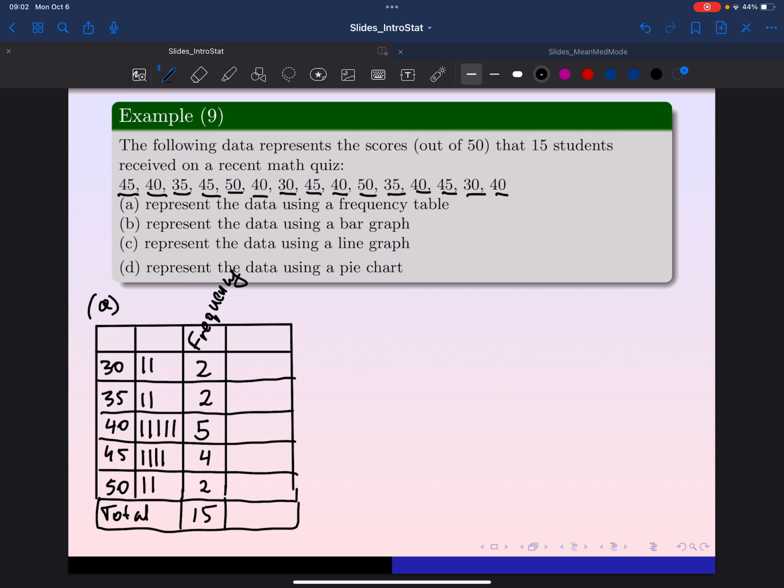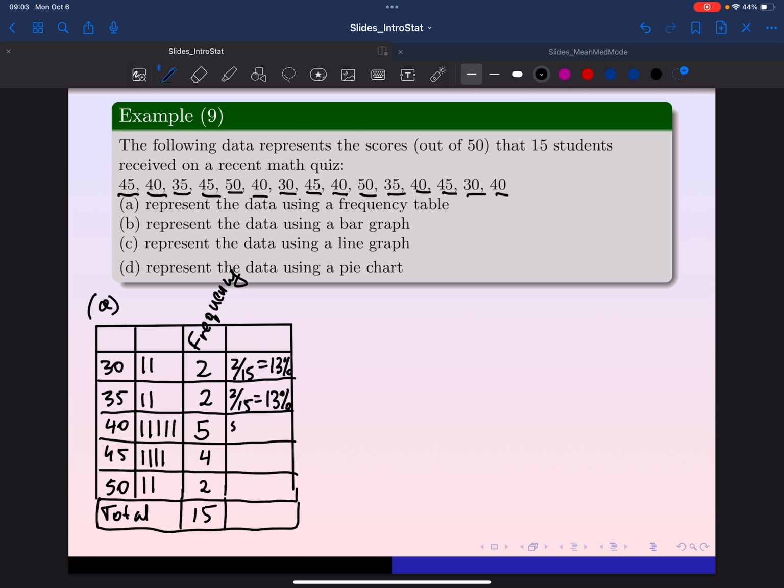And the next one, we find the percentages. So we divide 2 by the total number, 15. 2 divided by 15 gives me 13%. Then we have another 2 out of 15, which gives me 13%.